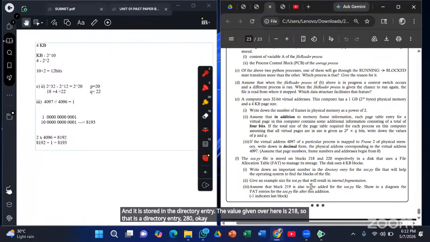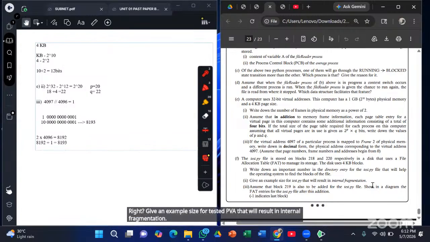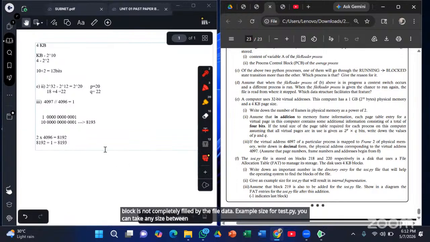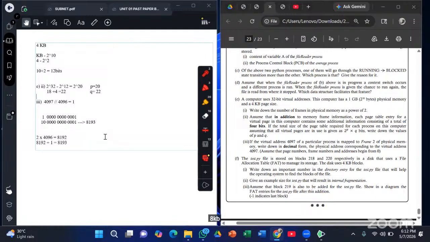Okay. Right? Give an example size for test.py that will result in internal fragmentation. So what is internal fragmentation? When the last allocated block is not completely filled by the file data. Example size for test.py, you can take any size between 4 to 8 KB.